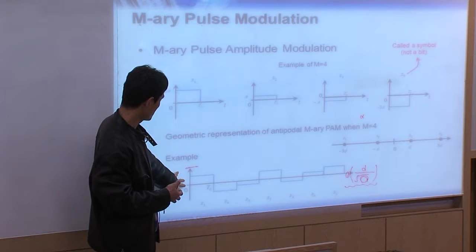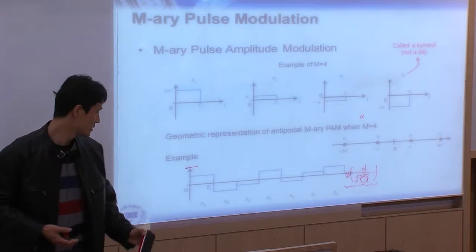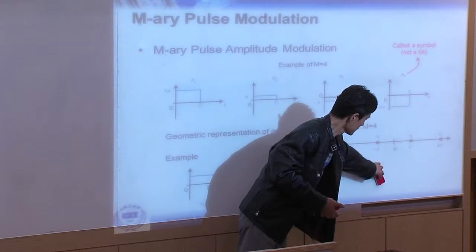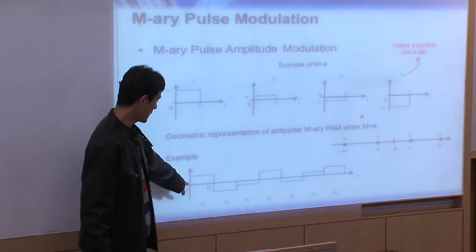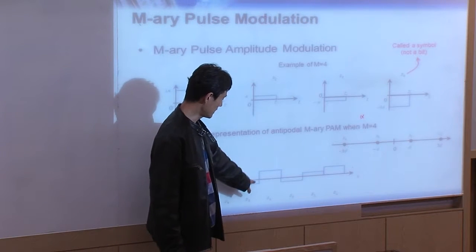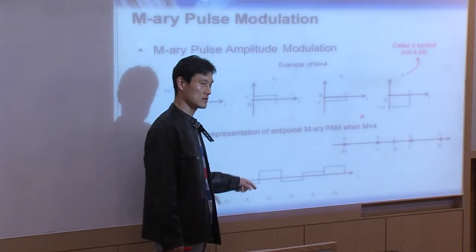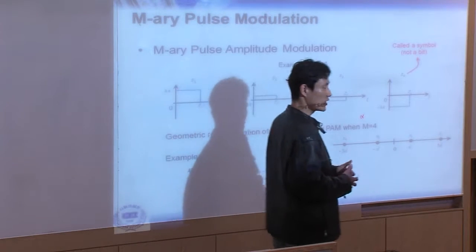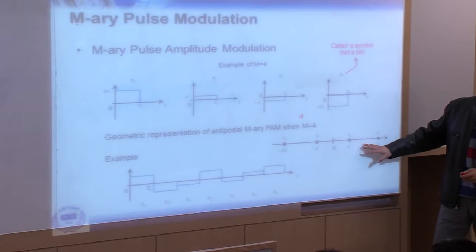For example, maybe this is an example of transmitting this kind of signal in time, like 3A, minus 3A, minus A, 3A, minus A, something like this. This is just an example. And when you plot this in the constellation plot, you can see this kind of constellation.